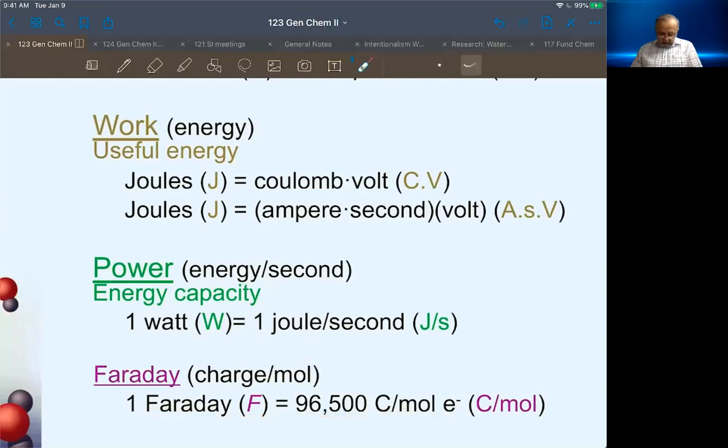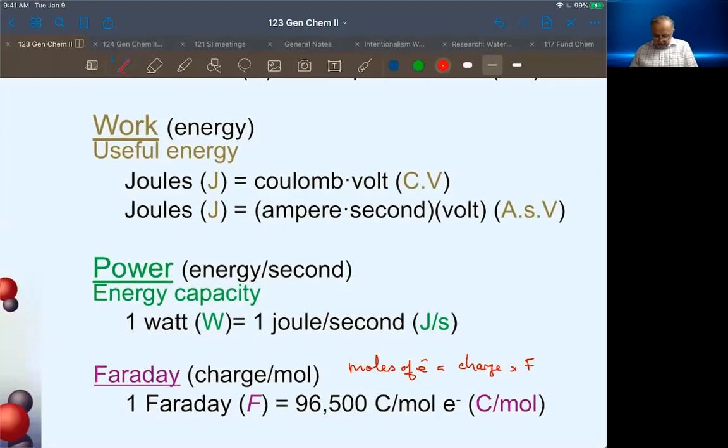So let me write in pen. If you want to calculate the moles of electrons, it is going to be equal to the charge times a Faraday.